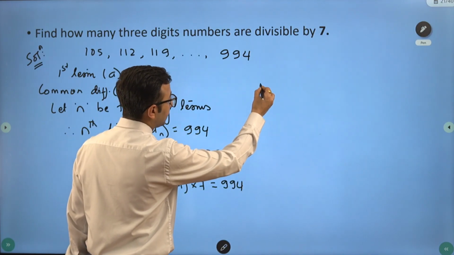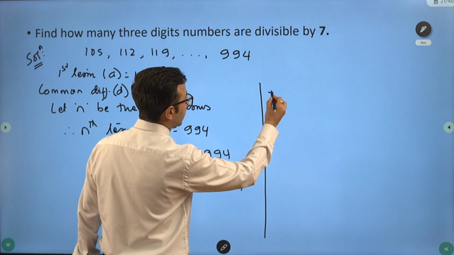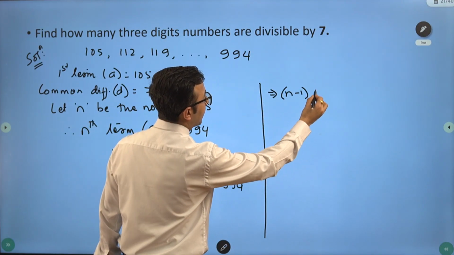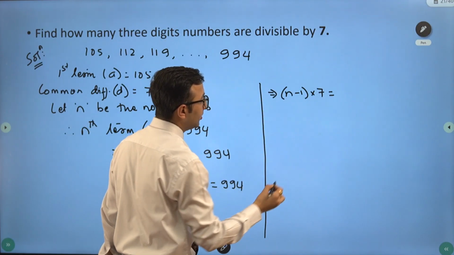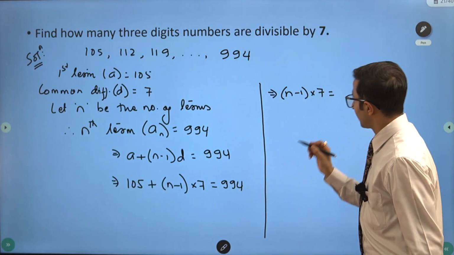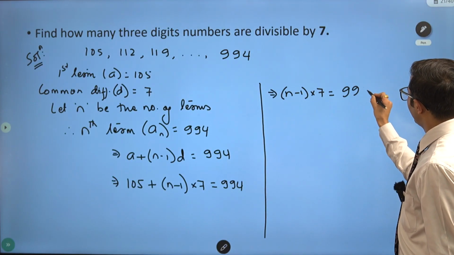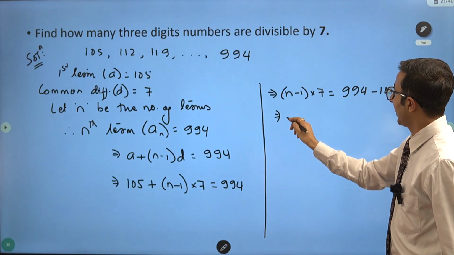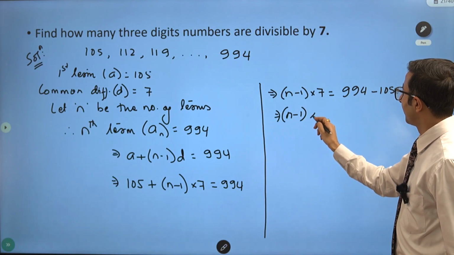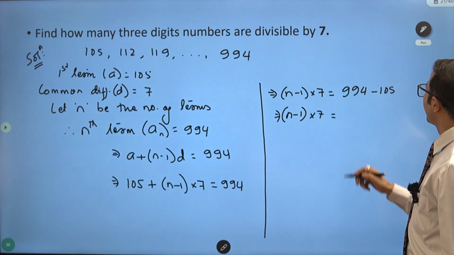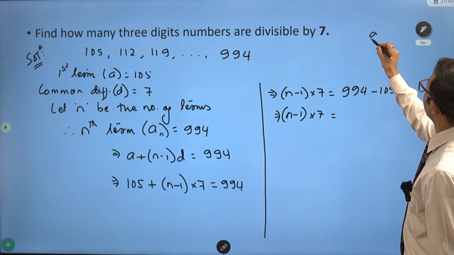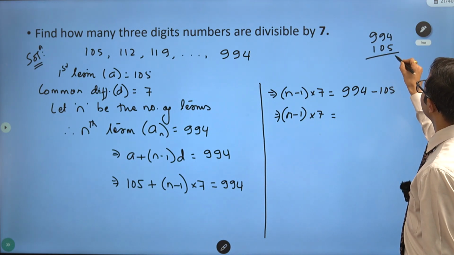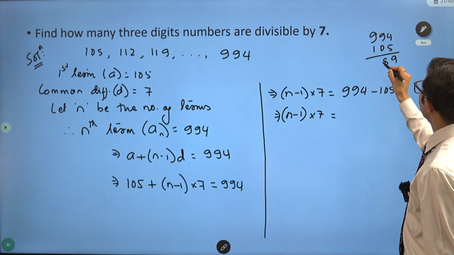We will solve here, which implies n minus 1 multiplied by 7 is equal to 994 minus 105. So 994, and you have to subtract 105. 14 minus 5 is 9. Here is 8, here is 8.